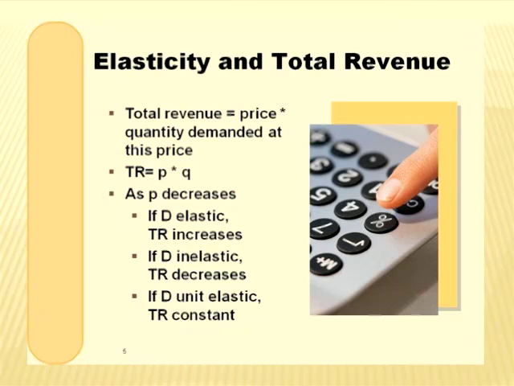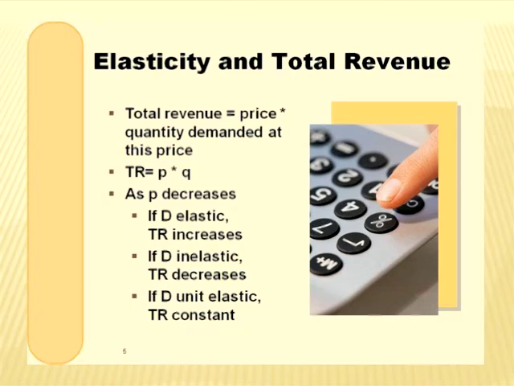As price decreases, suppose we give a price reduction, if demand is elastic, then total revenue increases. If demand is inelastic, then total revenue decreases. And if demand is unit, then total revenue stays constant. So if they are responsive and we give them a price cut, then they will reward us by giving us increased sales.